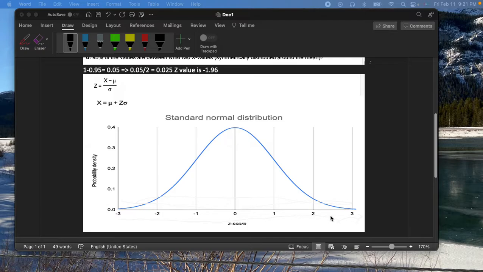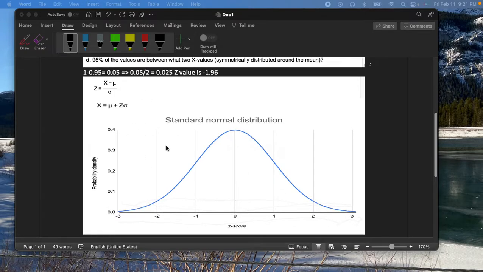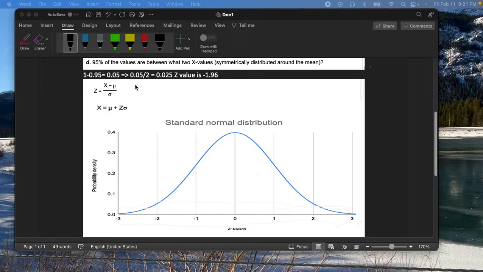Okay, once again, let's recap. One is all of the values under the standard normal distribution, and because it's asking us to find 95% of the values, we subtract 1 minus the 95%. That gives us 0.05. Because the standard normal distribution is symmetrical, we divide that by 2 to find the values to the left, and that gives us 0.025.